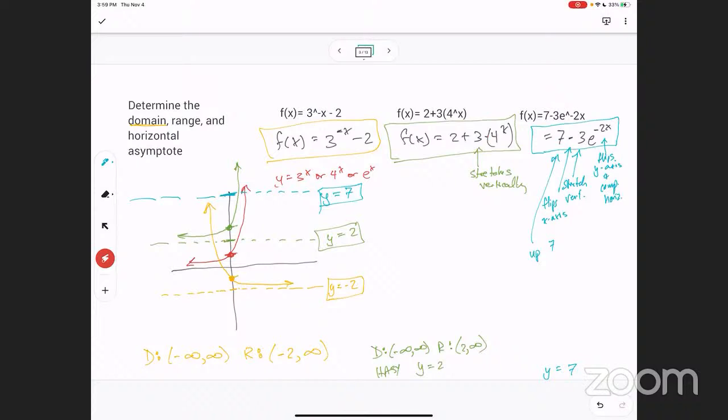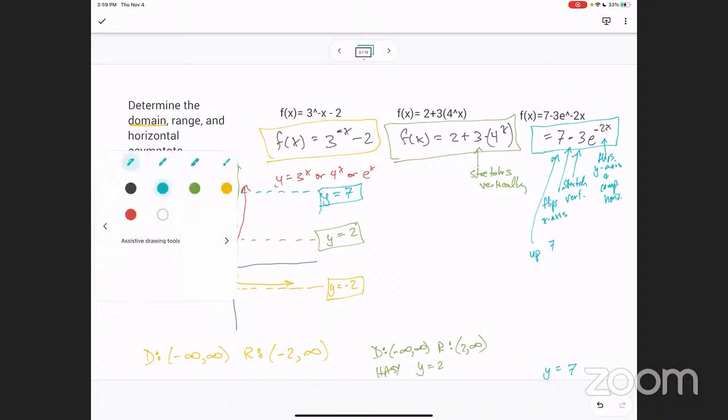It didn't change any of my answers down here, but this point isn't going to be there. It's not going to be 3, 0. It's going to be multiplied by. So instead of at 1, it would have started at 3, but then it's also shifting up 2. So it's actually going to be at 5. This point's going to be 5.